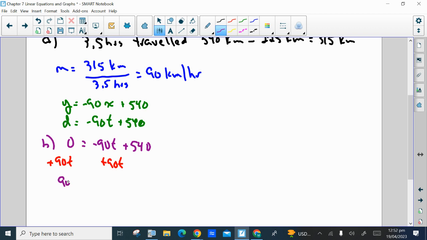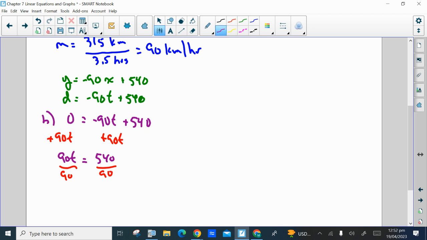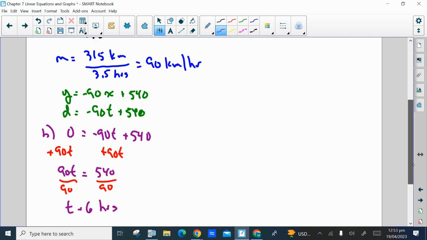So on the left, we'll have 90t equals, on the right, you're just left with 540. And now if you divide both sides by 90 to get t by itself, I think you'll get 6. It will take 6 hours for the family to reach Fort Providence.